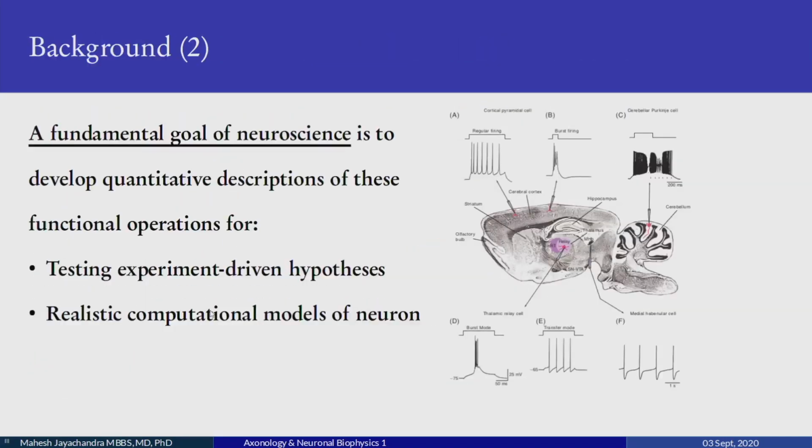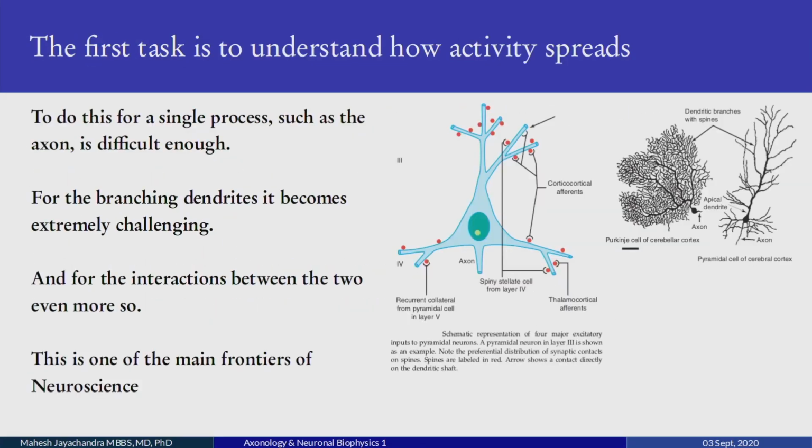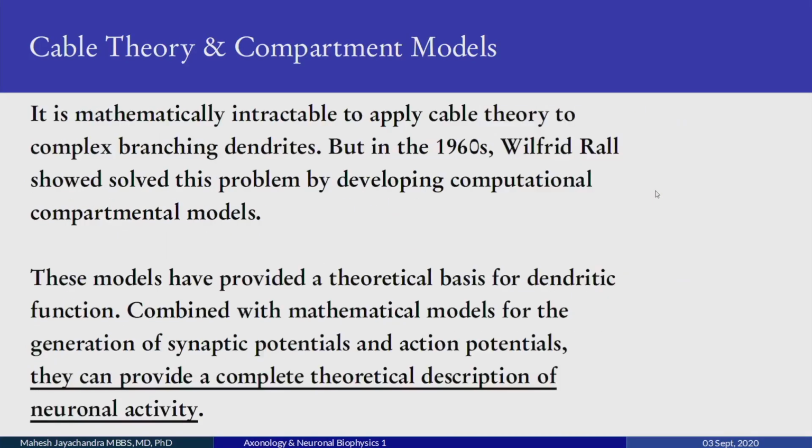Okay. Just consider this tree. So it's mathematically very difficult to apply cable theory to complex branching dendrites. But in the 1960s, a great computational neurophysiologist, Wilfred Rall from the United States, solved this problem by developing computational compartmental models. Okay?